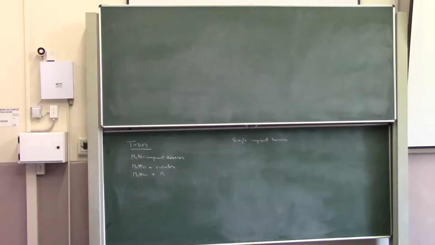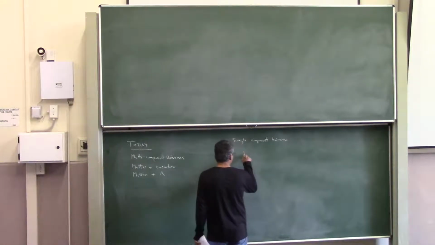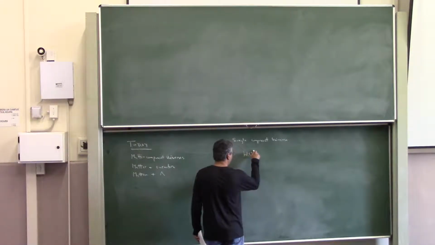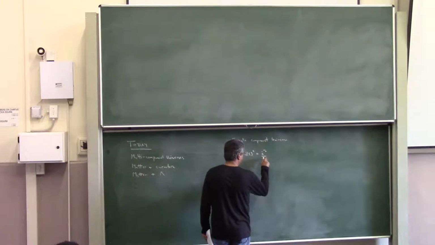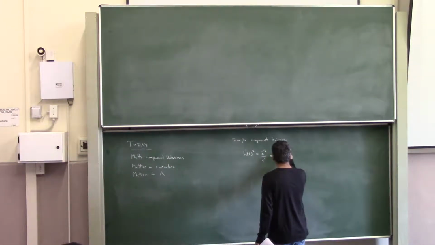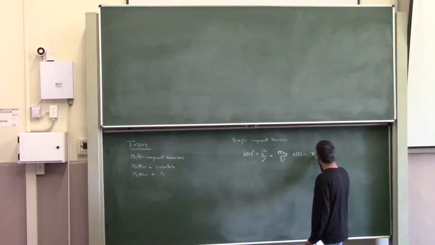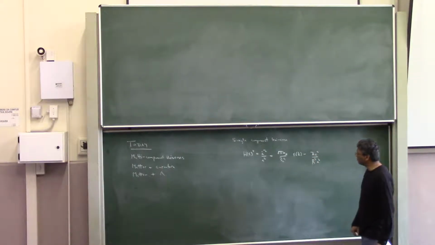We'll recall that the Friedmann equation told us that H(t) squared, which is (a dot over a) squared, is 8 pi G Newton over 3 c squared times epsilon(t), minus kappa c squared over R squared a squared.